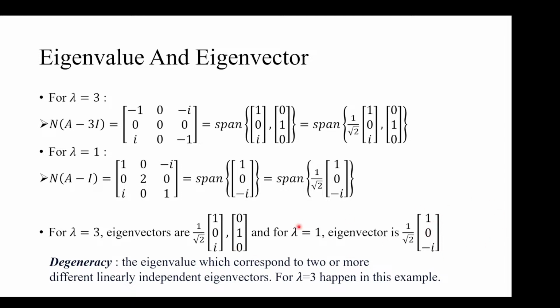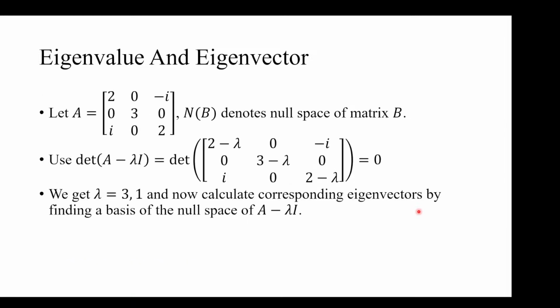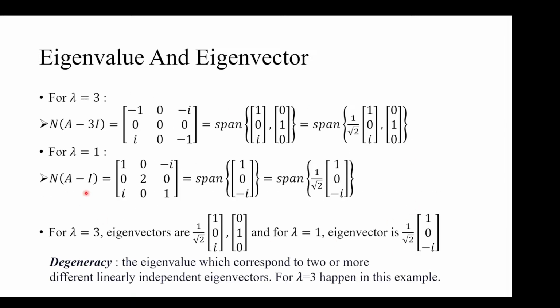We also like to normalize our eigenvectors, so we have a square root here and one with a square root here. Up to now is a review of how to find the eigenvalues and eigenvectors of a matrix.